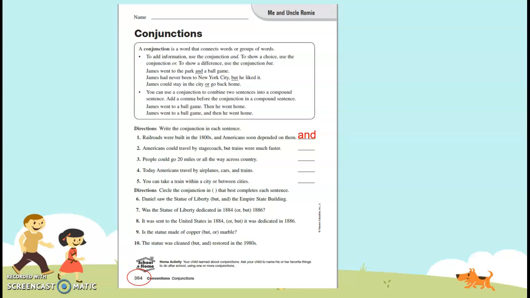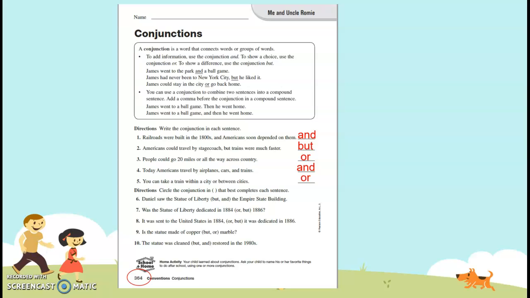Conjunction and, but, or. Number 2. Read the number 2. But. Number 3. Excellent, it is or. Number 4. Very good. And number 5. Excellent, or. That is very easy.